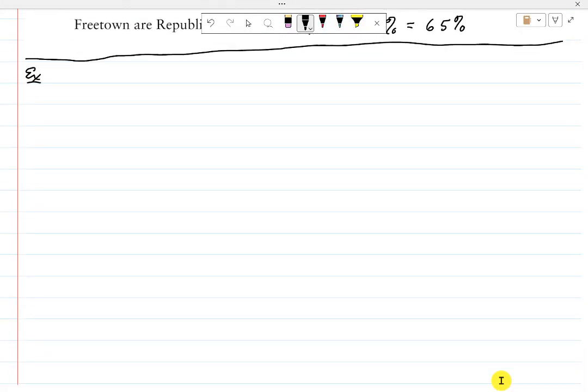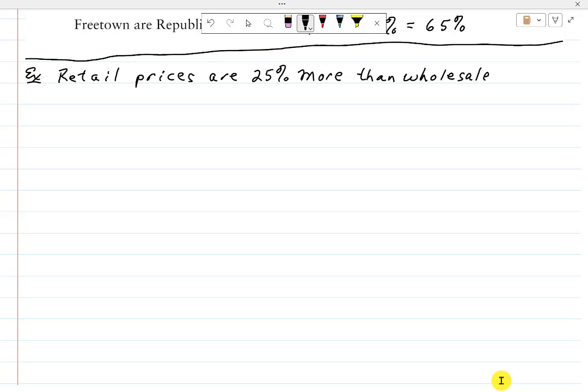Let's say retail prices are 25% more than wholesale prices. So if we use R for retail and W for wholesale, here's what we have.